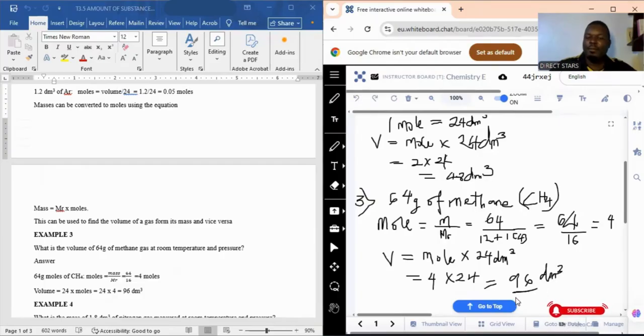So you can see that even when given the mass of a gas at standard conditions of temperature and pressure, you can actually calculate the volume of that particular gas.